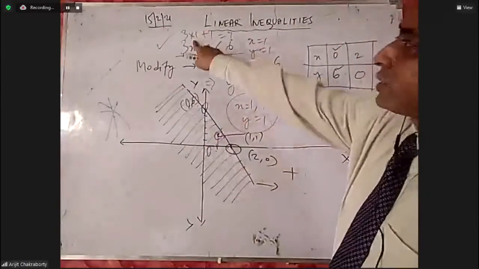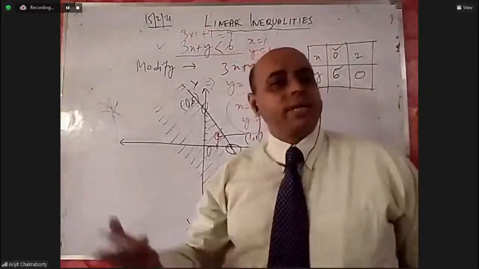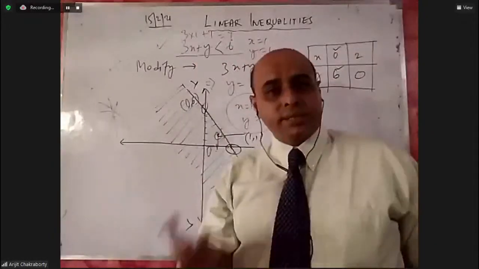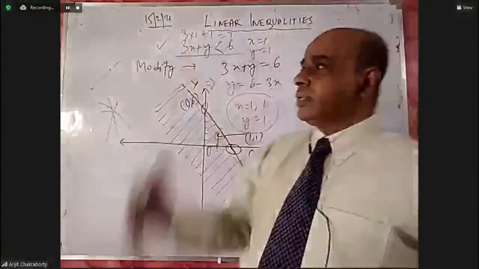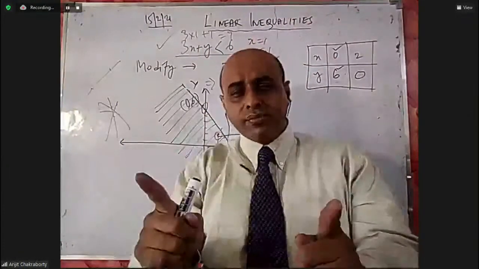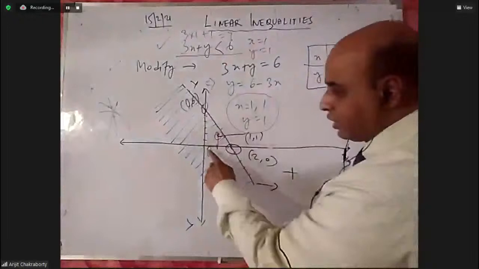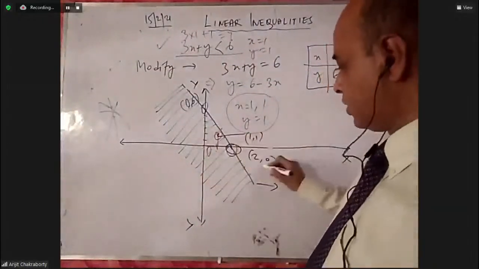So if you take x is equal to 1 and y is equal to 1, that means 3x plus y gives you 4, and 4 is less than 6. So for x equal to 1 and y equal to 1, the given inequation is correct. It holds good. Graphically, if you want to prove it, in this graph, this point is 2, 0.